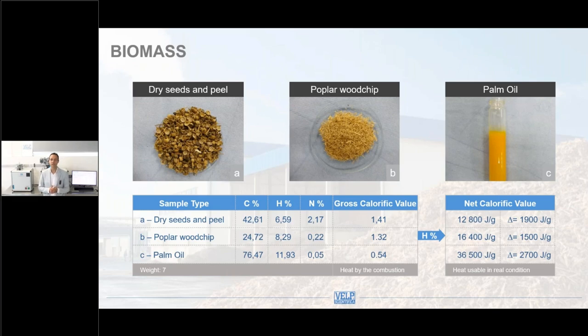This table also reports the gross calorific value of this kind of biomass, that is the energy released as heat when biomass undergoes complete combustion, and we can perform the correction, especially with the value of hydrogen, to obtain the net calorific value. That is the energy value that can actually be used in the combustion process.